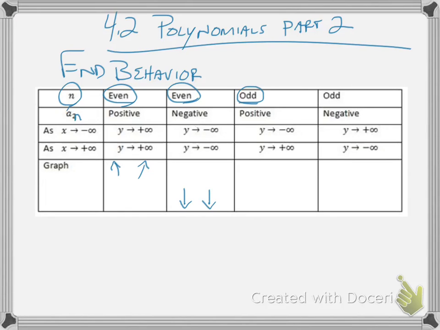When the degree is odd, they're going to be going in opposite directions, and if it's a positive leading coefficient, that means it's going to be going from a negative position to a positive. And when it's a negative with an odd degree, it's going in a negative direction, so from a positive direction to a negative direction.